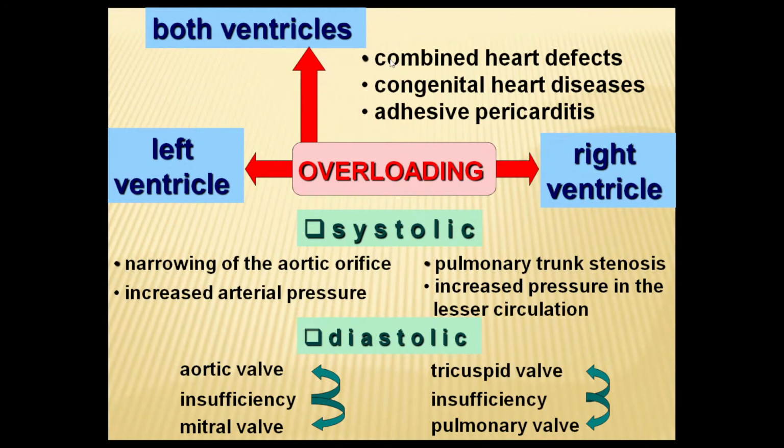It may be a problem with the right and left ventricle valve or orifice. It is more characteristic for congenital heart diseases, which appear in a younger period, and adhesive pericarditis, which restricts activity of both heart chambers.